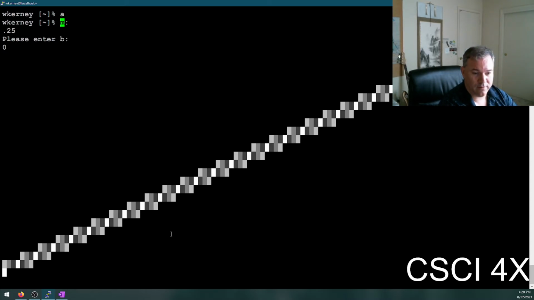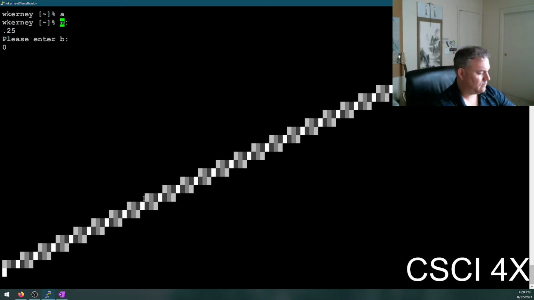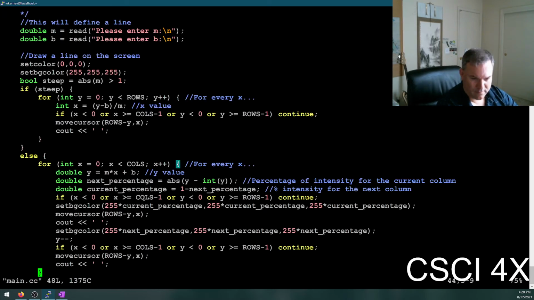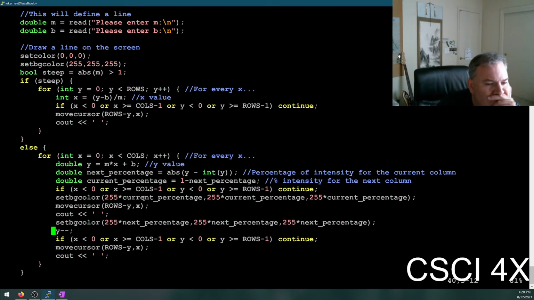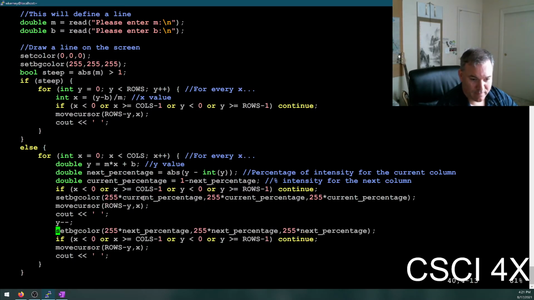0.25 and 0, and there you go. So as you see, as it goes along, this is perfectly white, that's black, and then that intensity is backwards. Interesting. That should be down there. Did I do this backwards? Oh, that's the next percentage. Yeah, I did have it backwards.